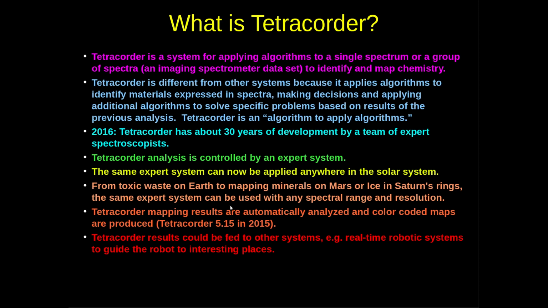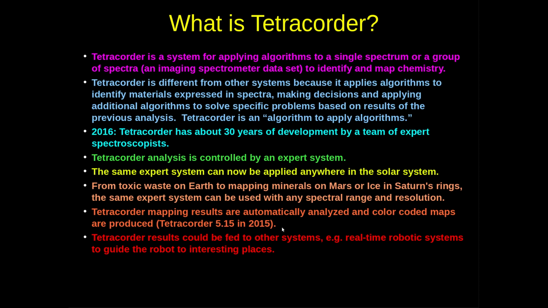While the same expert system can be used with any spectral range and resolution, sometimes we have done custom things, like the example was the oil on water. But for most applications, for example, minerals on the Earth can also be found on the Moon and Mars, and potentially in Saturn's rings. And Saturn's rings are mostly ice, and ice is on the Earth too. So there's a lot of commonality throughout the solar system.